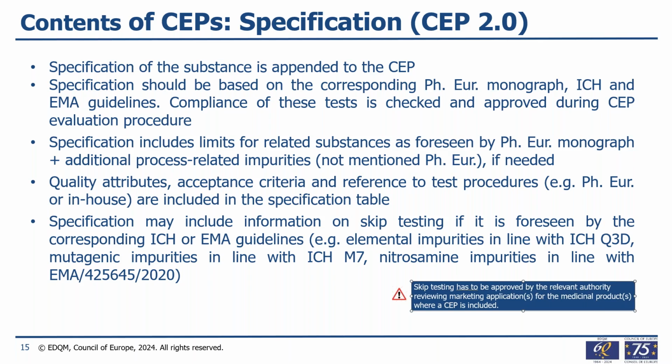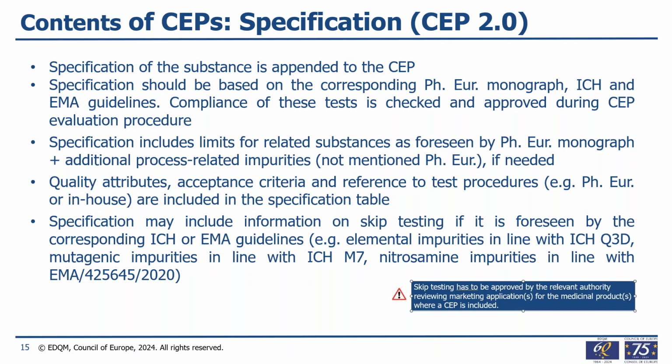So the specification table should include quality attributes, acceptance criteria, and also the reference to the test procedures which are used for the control of the final substance. The reference should be given to EP test, pharmacopoeial test, or in-house test. Specification may also include the information on skip testing if the skip testing is foreseen by the corresponding ICH or EMA guideline.